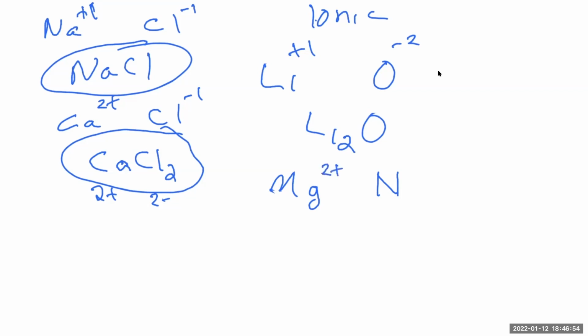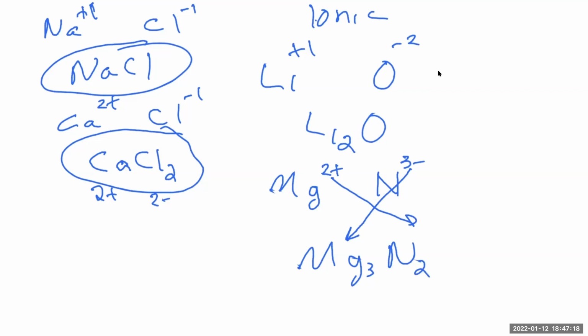And what's the charge on nitrogen? -3. Easy way to do this: you combine magnesium and nitrogen. It's called crisscross. We take this number and put it here, this number, put it here. So Mg3N2. It's a little secret, a little trick.